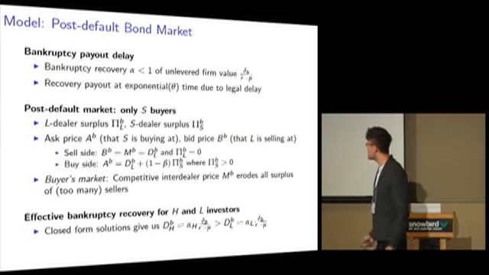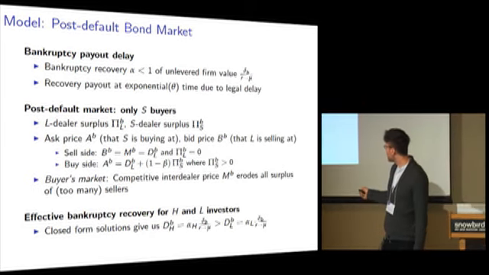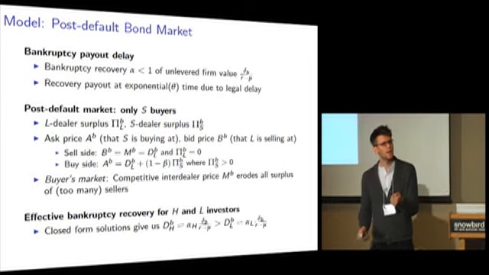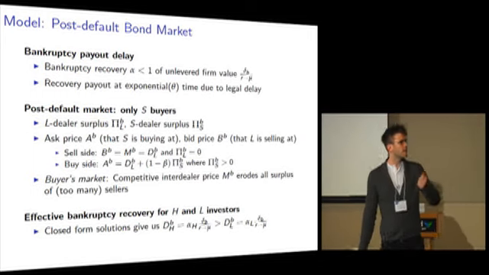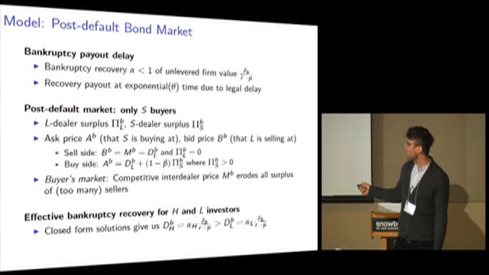And because it's a buyer's market, the competitive interdealer price here erodes all surplus that might go to the sellers. So even though the sellers have bargaining power, this competitive interdealer market adjusts the price in such a way that there's actually no surplus to bargain over anymore. All the surplus arises on the buy side, and that accrues to the S types.